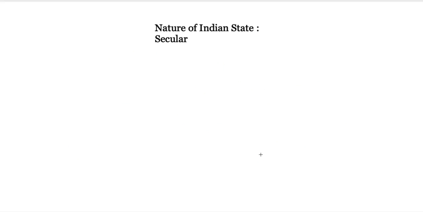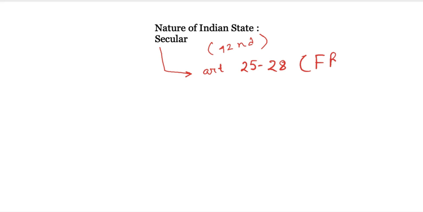Now let's come to secular. Secular was also added with the 42nd Constitutional Amendment Act. Before that, secular was not mentioned, but Articles 25 to 28 in Fundamental Rights, Chapter 3, which we will see in a later video, explicitly discussed freedom of religion, freedom to propagate religion, freedom to manage religion, not only for the individual but also for society.